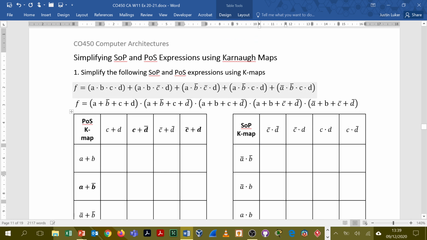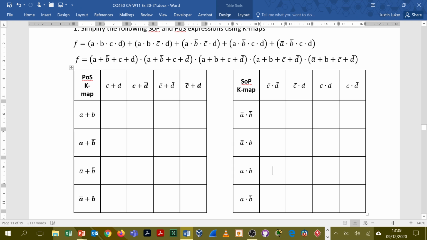Okay, so again, we've got a SOP and a POS example. So SOP first. So A, B, C, D, that one, followed by A, B, not C, D. That's that one.